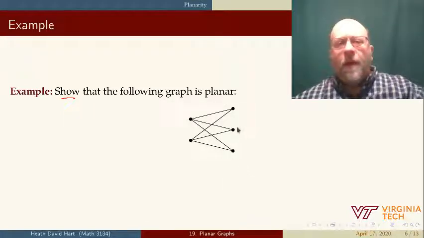What I might want to do to avoid crossing the edges is take one of these vertices and move it over to the other side.